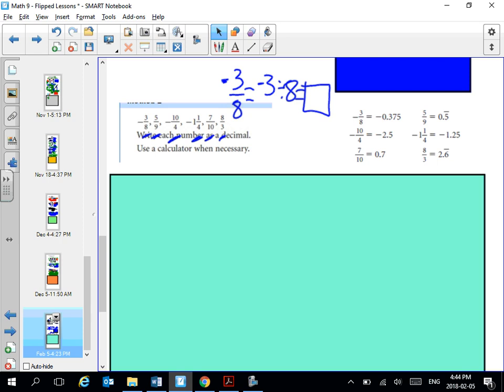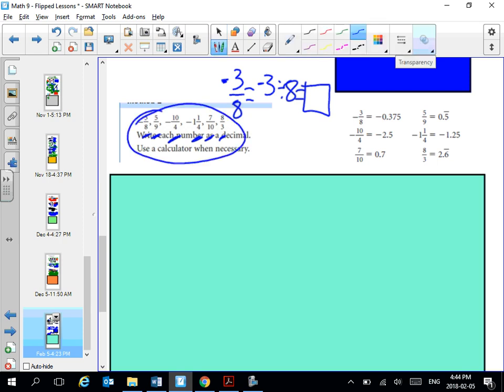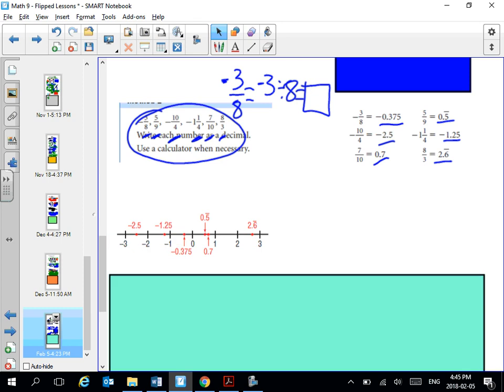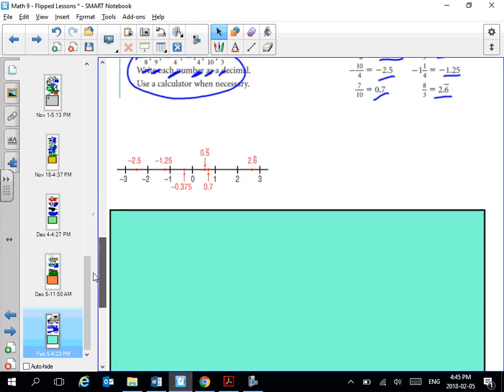Okay? So what you can see is, even though this is a big batch of confusing fractions with different numbers and all that kind of stuff, if I simply convert them into decimals, I find that I have simple, easy, understandable numbers to work with. And then from there, what I can do is go ahead and punch those onto a number line.